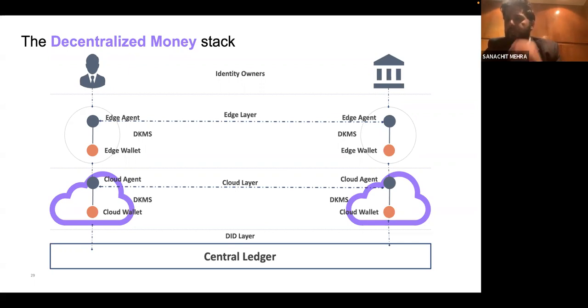But the important thing is that these edge agents or wallets would have to frequently sync with the cloud agents and wallets. And these cloud agents or wallets would be maintained by your distributor, in this case a commercial bank, who's maintaining the central ledger for you. And this central ledger for the commercial bank would then have to also get integrated with the wholesale CBDC ecosystem.